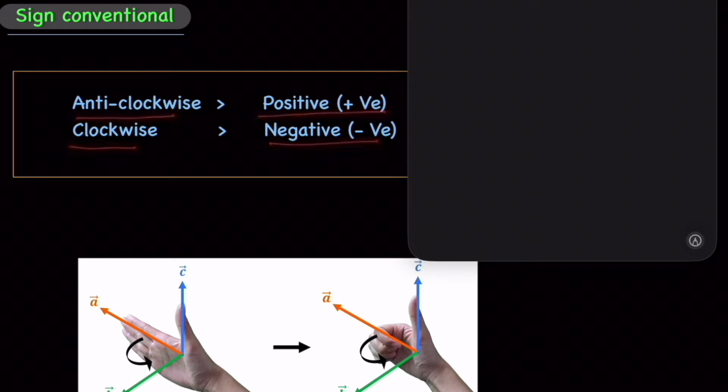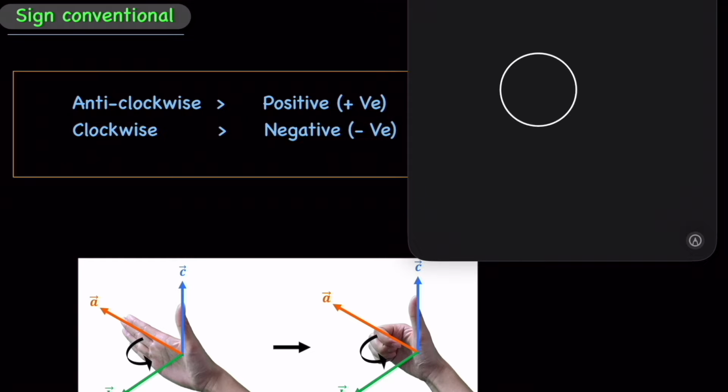It means that if we have a body here and this body is moving in the anti-clockwise direction, we consider it as positive, meaning the moment of force is positive. And if we consider the same body but it is rotating clockwise, then we consider it as negative. So this is used when we are solving the problem.